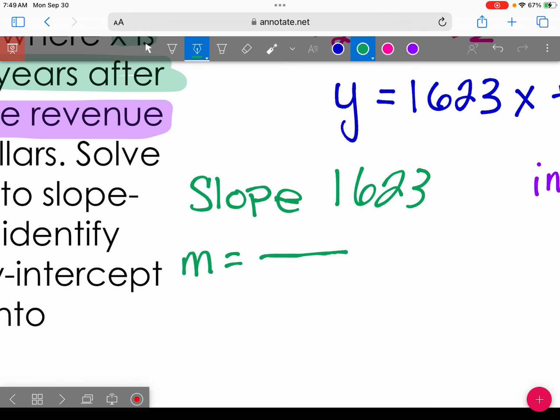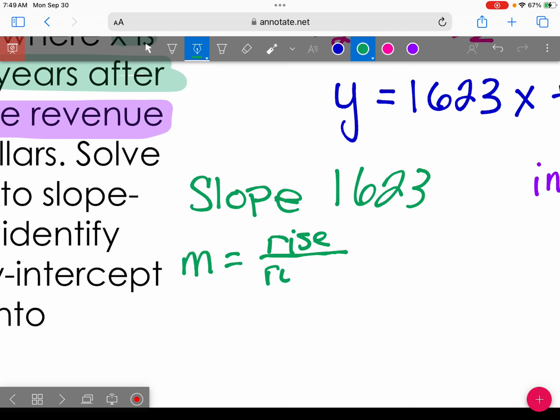Okay. Let's finish this out. We got to put these into context. How do we remember what slope means? Think of it if I was graphing. How do I use my slope? Rise over run, right?